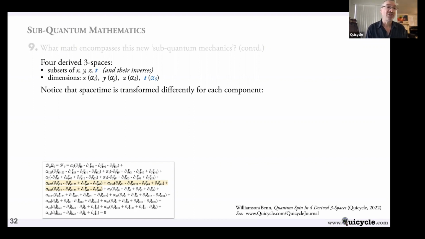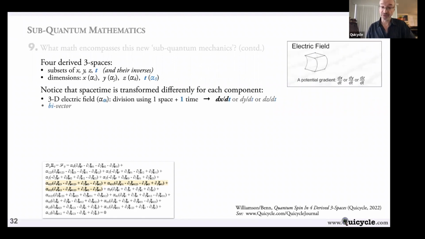Now, in addition, each of those components needs to have its appropriate relativistic coefficient. So for X will be alpha I, Y will be alpha J, Z will be alpha K, and time will be alpha 0. Now, when we look at the electric field, it is three-dimensional. It has three components in the X, Y, and the Z direction. However, electric field is not a vector, it's a bivector.